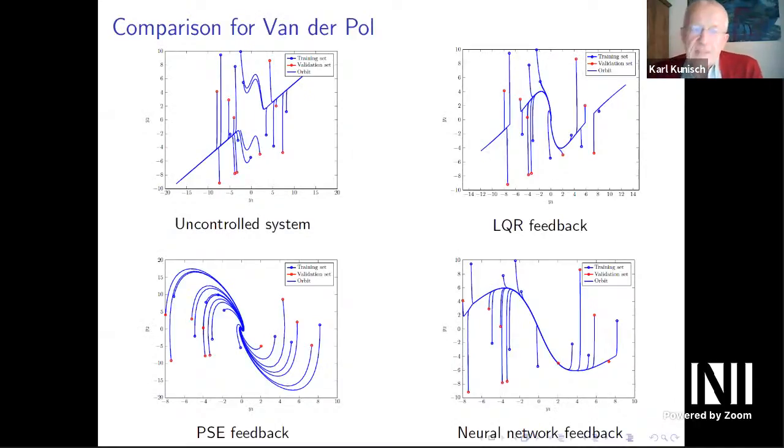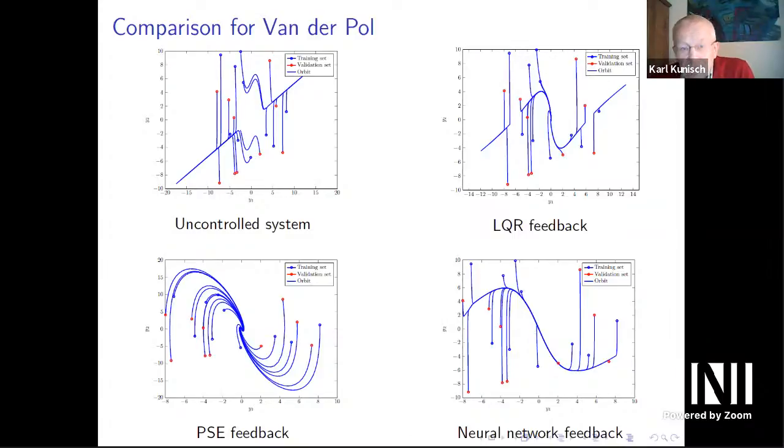First, these results in the y1, y2 space, so displacement and velocity of this oscillator. For the van der Pol oscillator, let us recall that it has a stable orbit. The origin is unstable, of course.